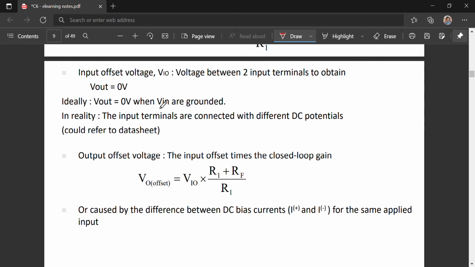The input offset voltage, usually labeled VIO, is the voltage between the two input terminals to obtain Vout equal to 0. Ideally, Vout is equal to 0 only when Vin is grounded. In reality, the input terminals are connected with different DC potential.